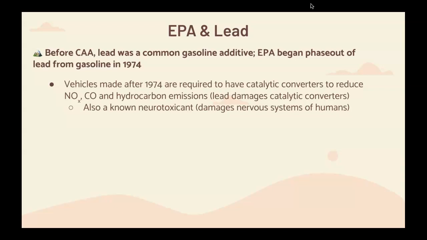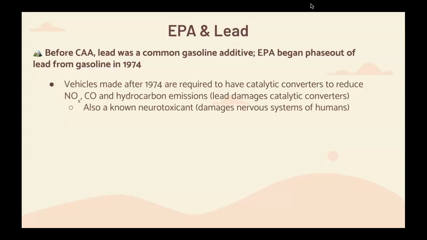But the EPA began to phase out lead from gasoline starting in 1974 because they came up with the idea of putting catalytic converters on cars to reduce NOx emissions and carbon monoxide. And those catalytic converters were damaged by lead. So we started to phase out the use of lead in gasoline.